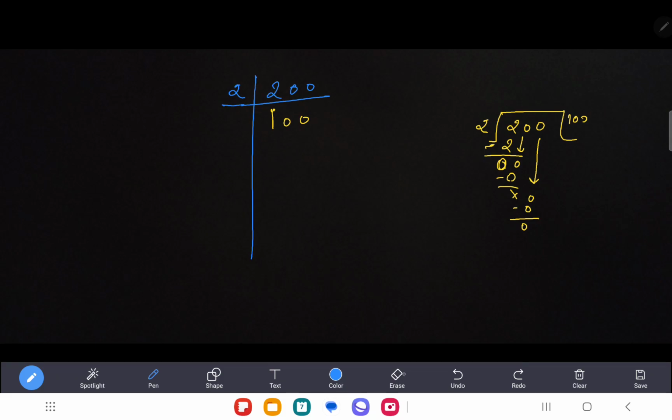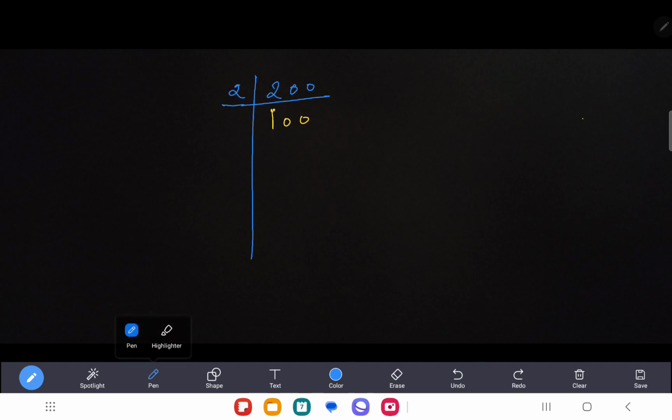Now again think of a number which can divide 100, the smallest possible number. Because it is ending with 0, 5. Good job. Now divide on the side. Recite the table of 5 to get 10 first. 5 times 2 is 10.